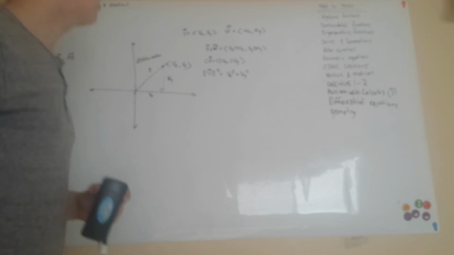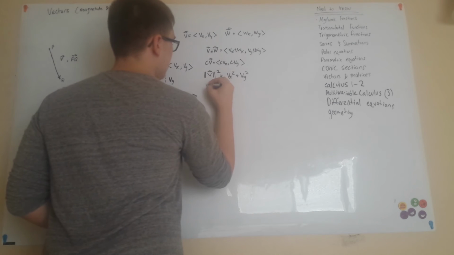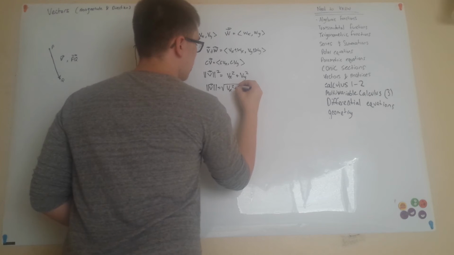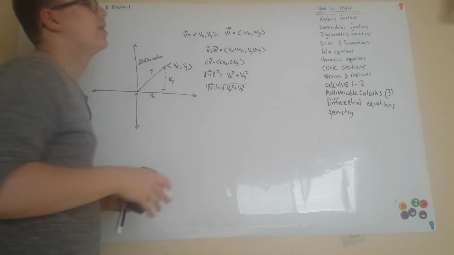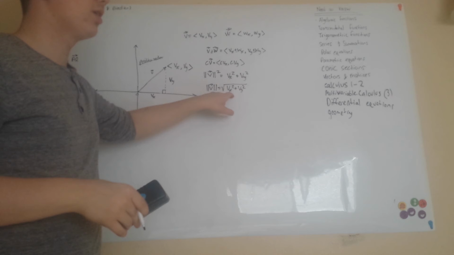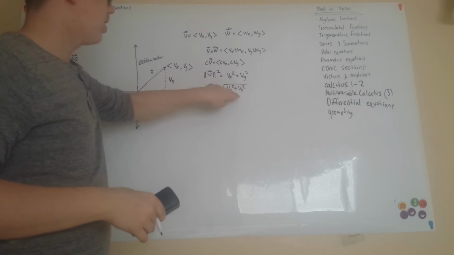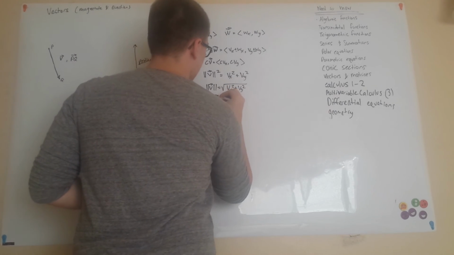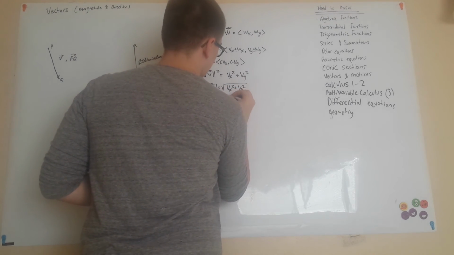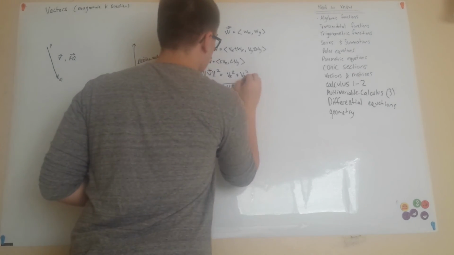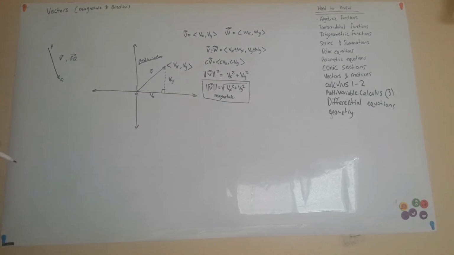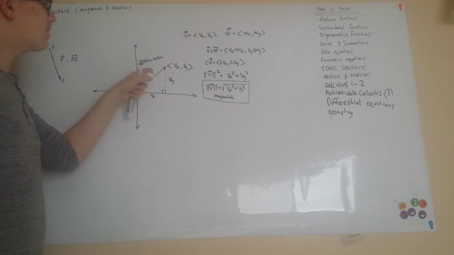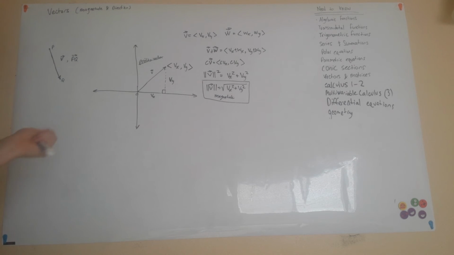If we solve for the magnitude, the magnitude of vector V is going to be the square root of the sum of the squares of their components. So that's your magnitude. It should make sense because it's a right triangle.